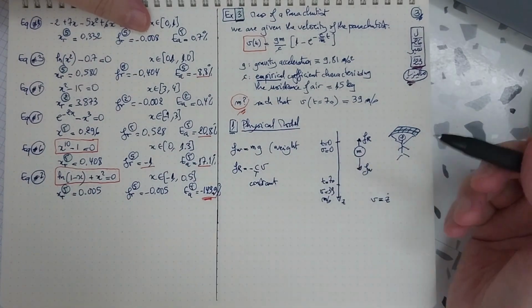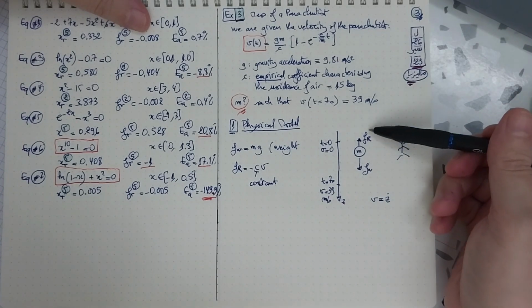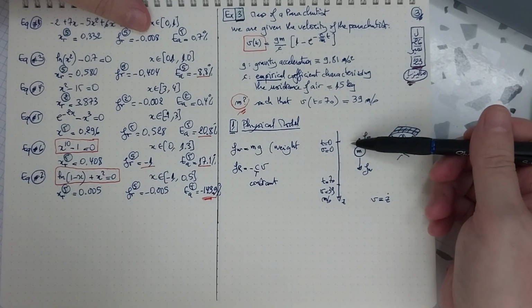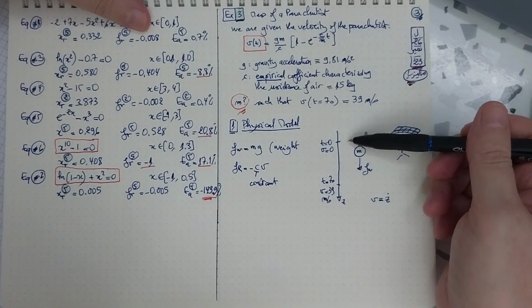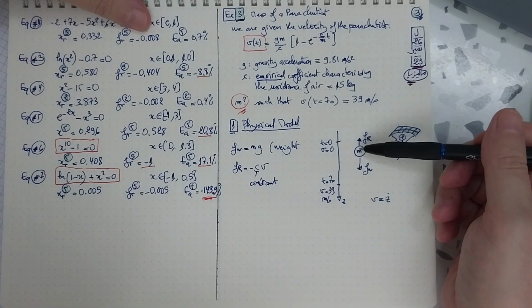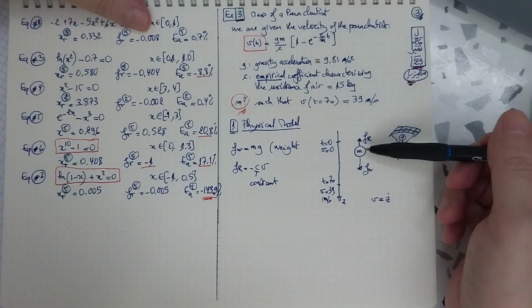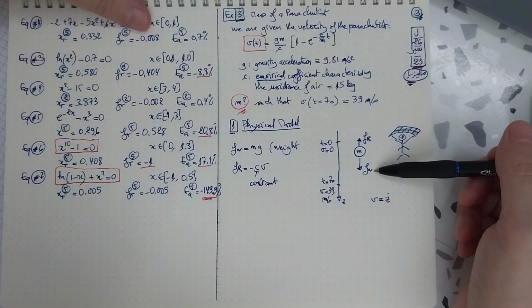And let us also observe that the force Fr due to the resistance of the air is variable. It starts with 0 and it increases until it is equal to the weight. The weight is constant.